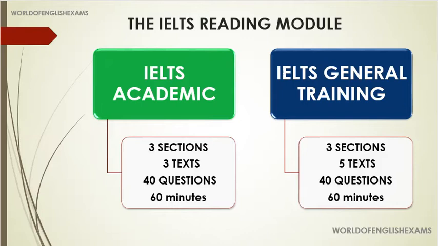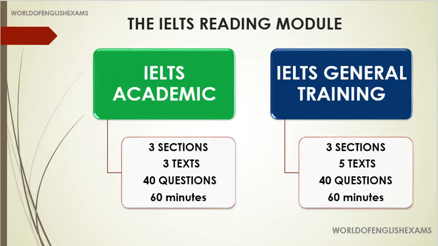On the screen you can see that the IELTS reading module is slightly different for the academic students when compared to the general training module. What exactly is the difference? Let's try and understand. First, let's discuss the similarities between both the test formats.